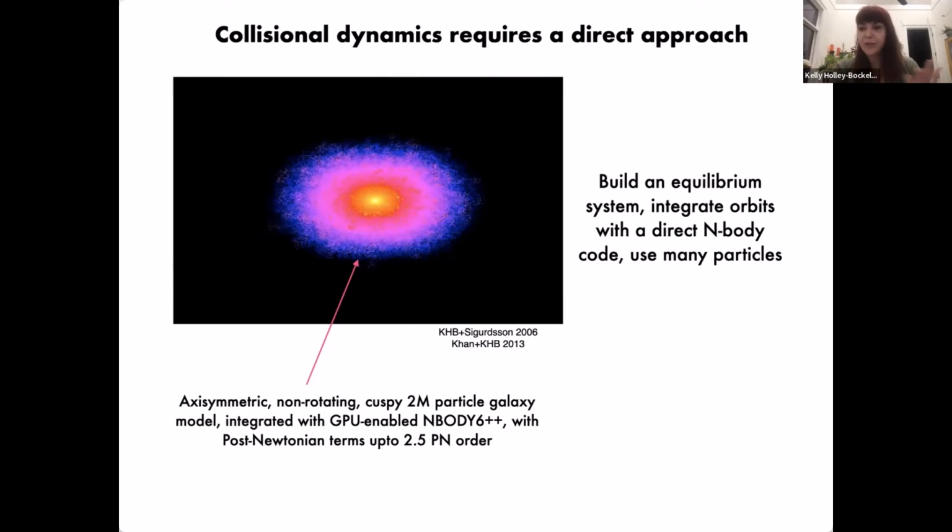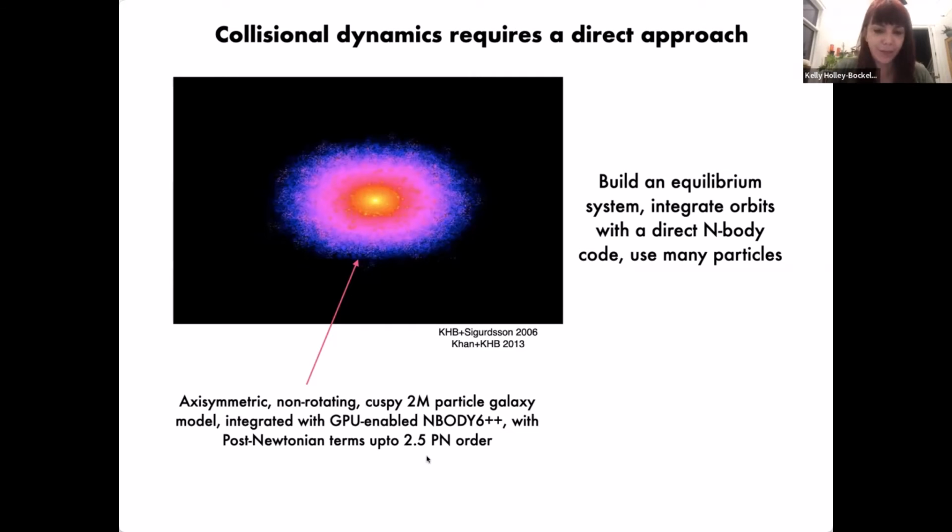In this case, like our very first case, we just built something that was static, but axisymmetric. It was not rotating, and then we basically allowed the black holes to sink closer and closer together due to few body interactions. But the interactions were calculated directly without shortcuts like smoothing or fixed potentials or statistical techniques to figure out the scattering rate.